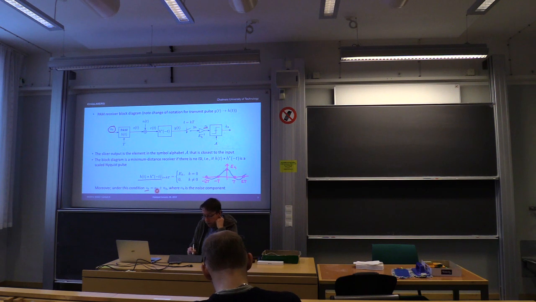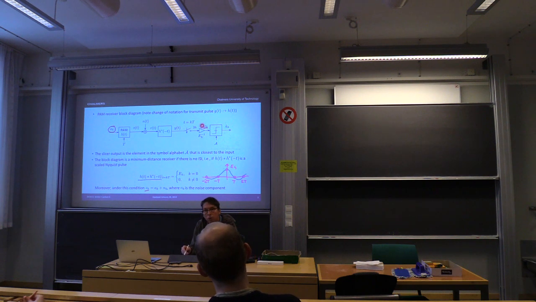The data that we transmitted we find here, and the noise component is the value of the noise contribution at this point when it goes through this signaling chain. So we will talk much more about the noise component today, to characterize that.